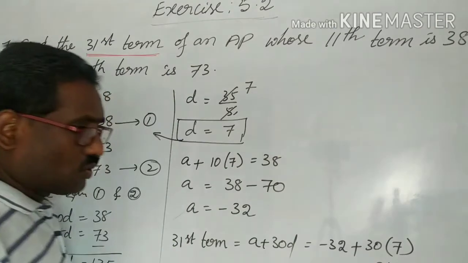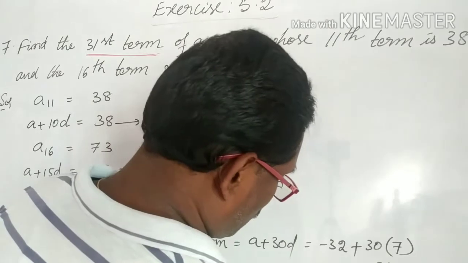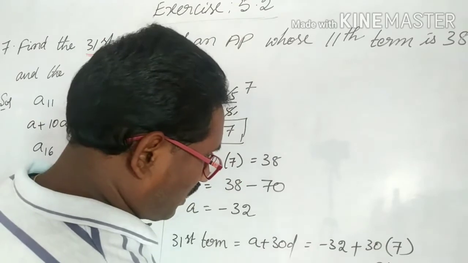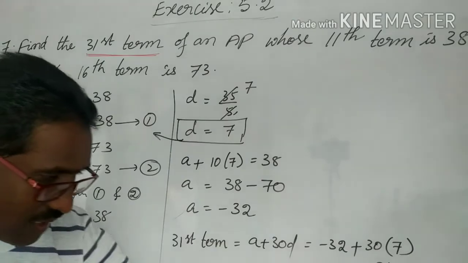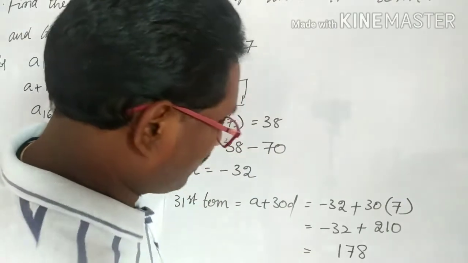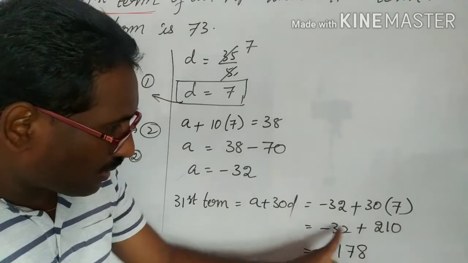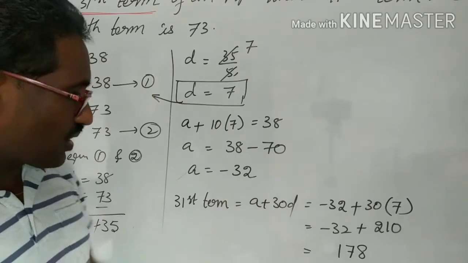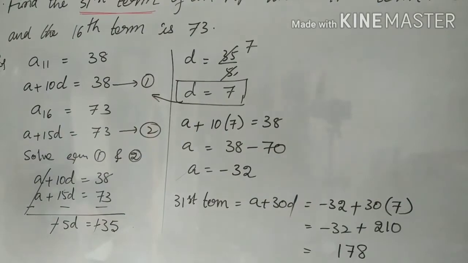That is 210 minus 32, which is 178. Please make a note: it is plus 178, not minus. That is the 31st term.